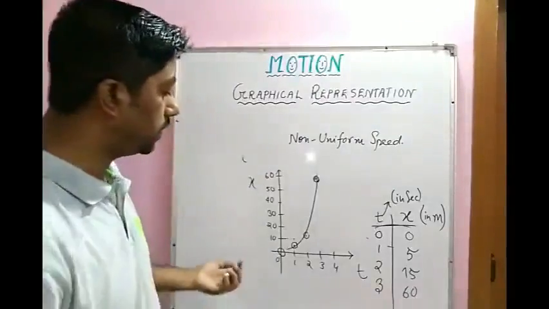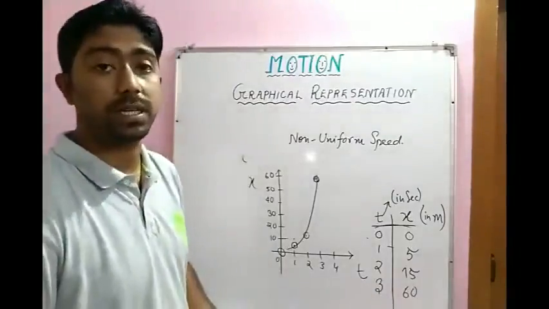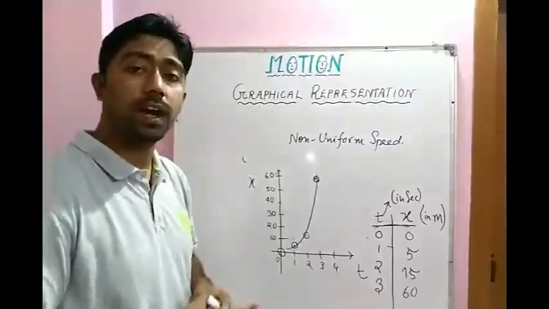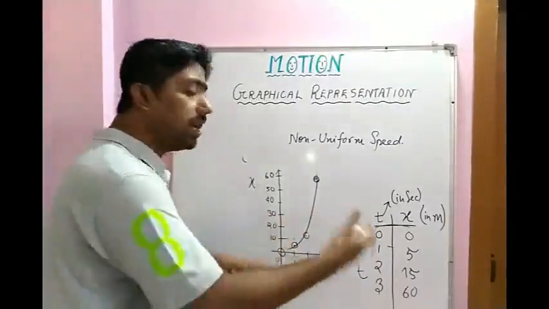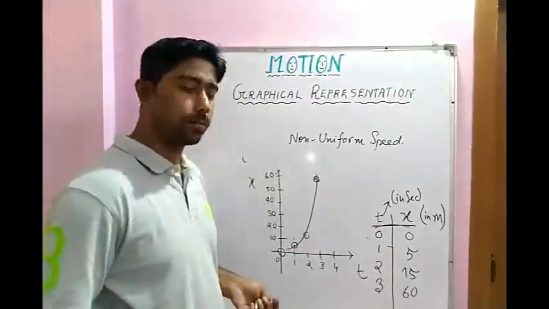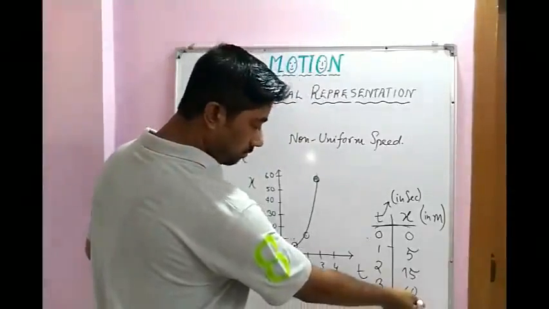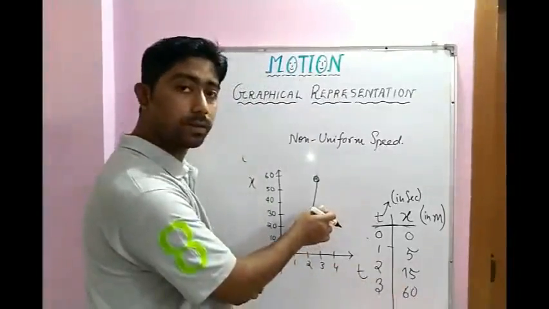Okay, the graph has deviated away from a straight line. It is no longer a straight line. In case of non-uniform speed, the graph is no longer a straight line. Okay, it can be any type of curve. Now it is not necessary for the graph to go up like this also. If I have used some other values, say 25 meter, then it will be somewhere here.